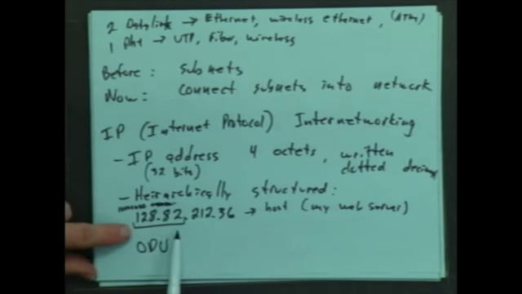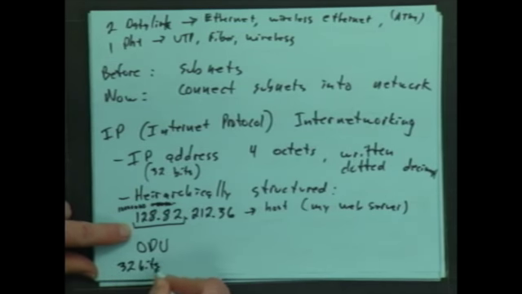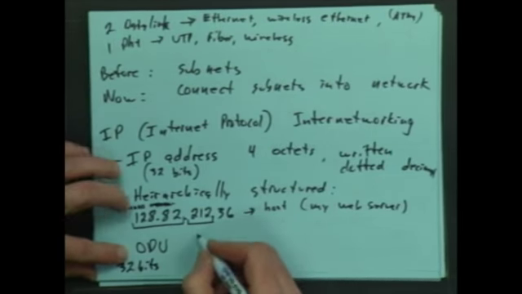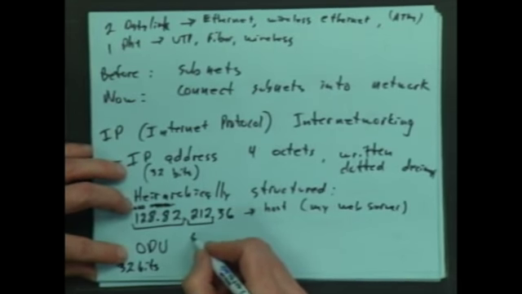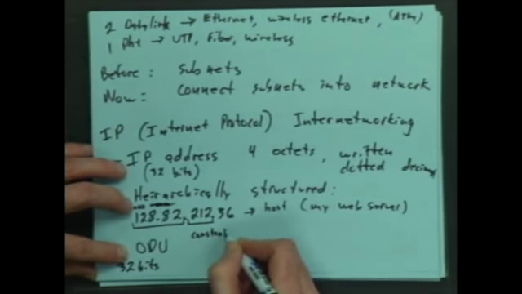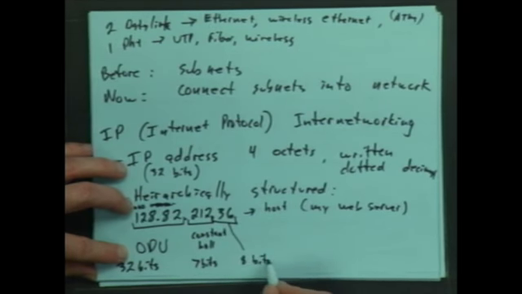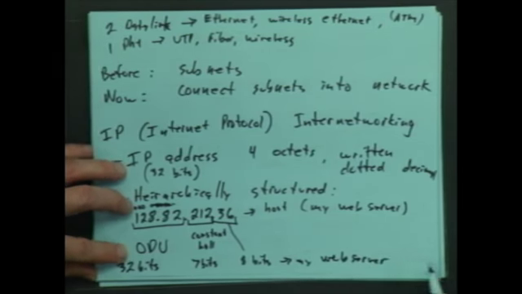Remember, this is 32 bits. So the first 32 bits say this is ODU. This next, it actually ends up being 7 bits. It says it's in constant Hall. And then this last, there are 8 bits that says my web server. Okay?